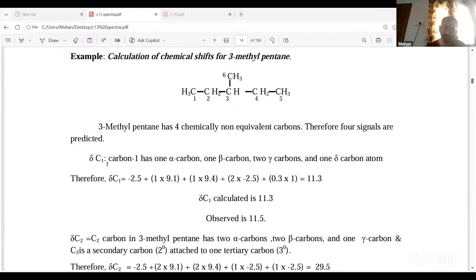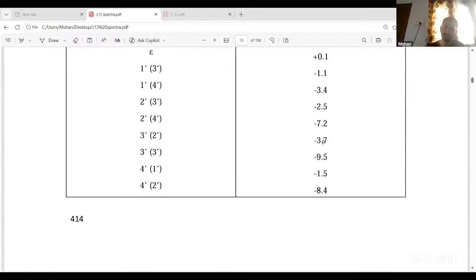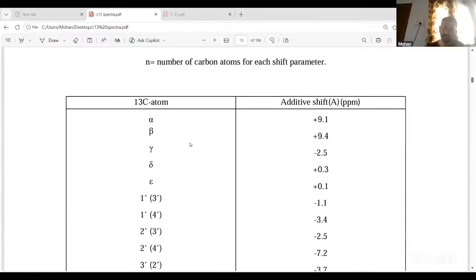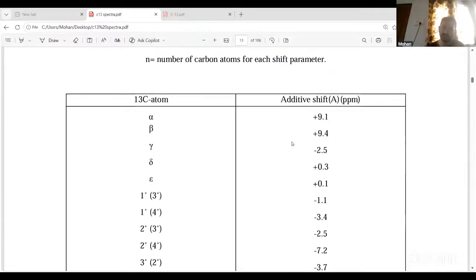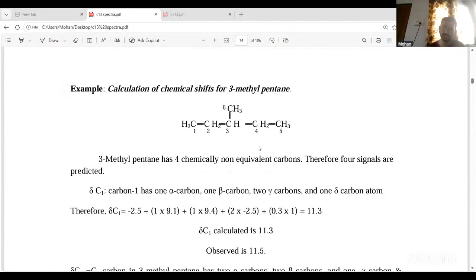So here it is minus 2.5 plus 1 into 9.1. What is 9.1 here? We can see in the table above, the alpha carbon value. Here is one alpha carbon.